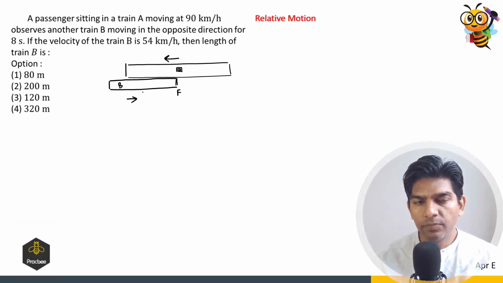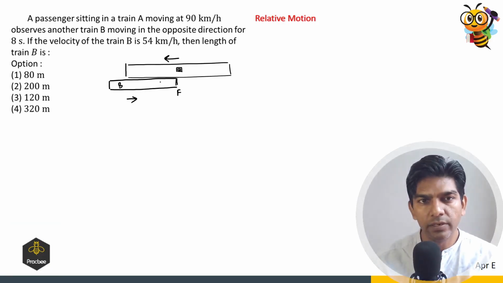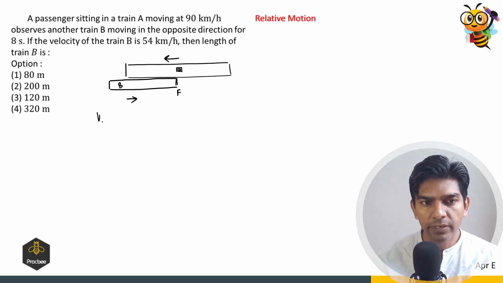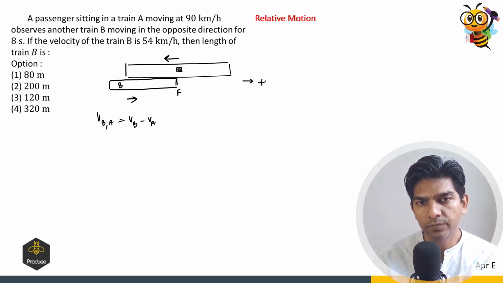I'm going to solve this problem again using the relative motion concept. Since the velocities are in the opposite direction, the velocity of train B with respect to train A will be VB minus VA. I'm taking the right direction as positive.